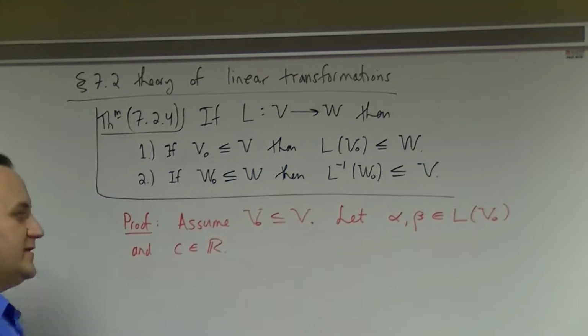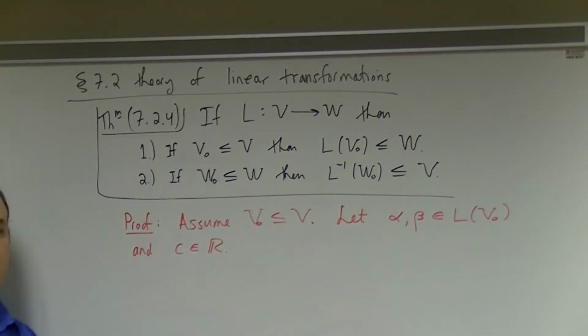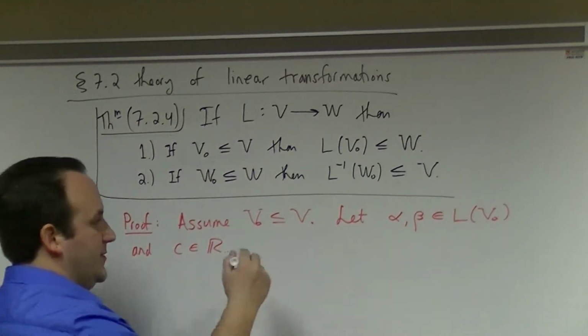What does it mean for alpha and beta to be in the image of L of V naught? They're mapped from a V naught variable. Right. So let's come up with a name for them.